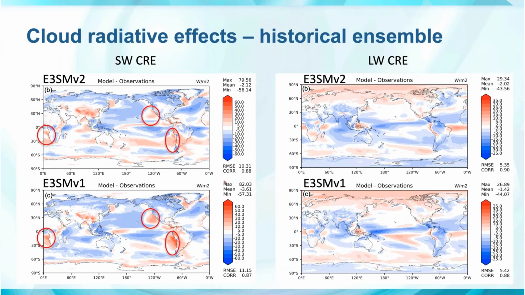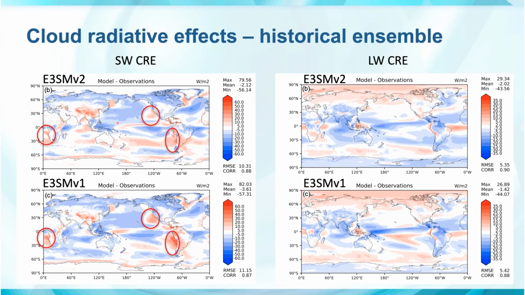The clouds have also gotten better. Although the pictures look quite similar, if you look regionally, you see differences. For example, one notable one is in the shortwave cloud radiative effect, the improvement over the key stratocumulus regions. We still have a bias, a deficit of clouds, but you can see that the red is much smaller and not as deep as it was in V1.